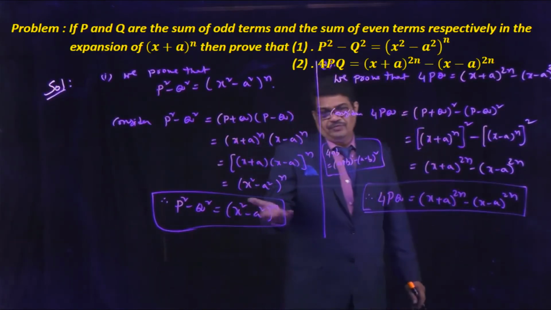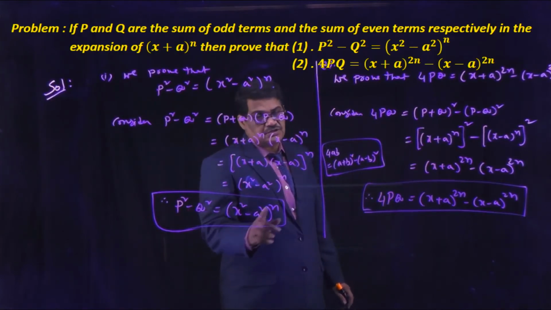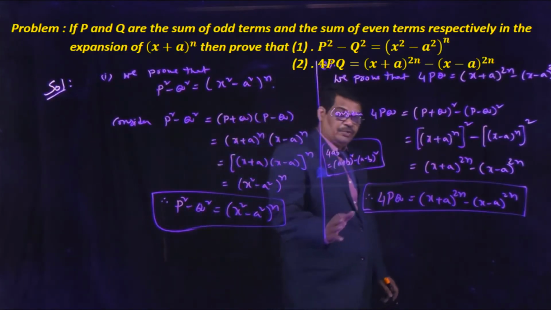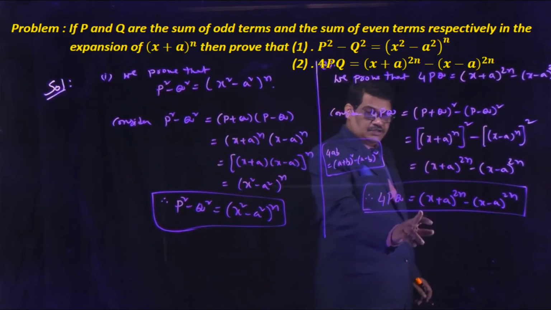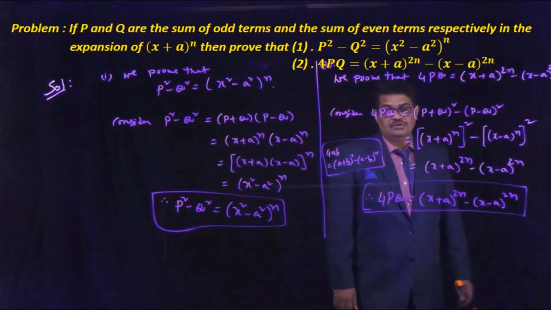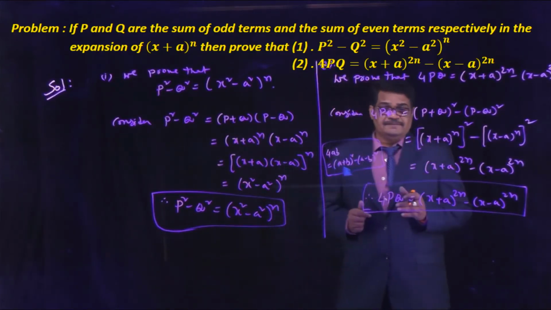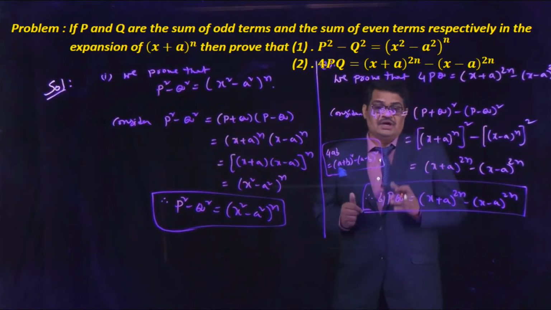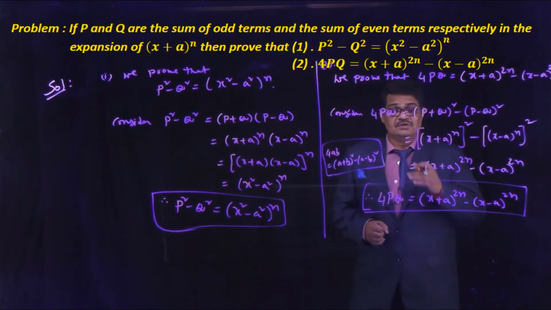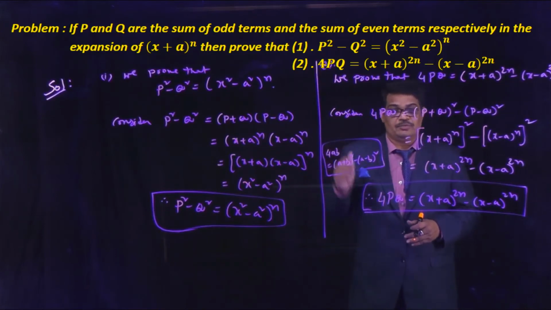We are proving p square minus q square is equal to (x square minus a square) whole power n, and 4pq is equal to (x + a)^2n minus (x − a)^2n. Here p and q are the sum of the odd terms and sum of the even terms respectively in the expansion of (x + a)^n.